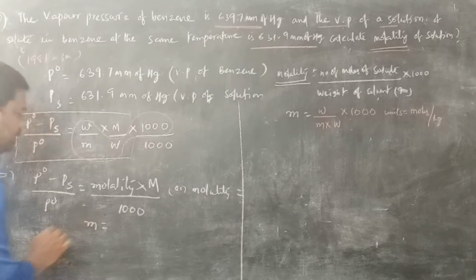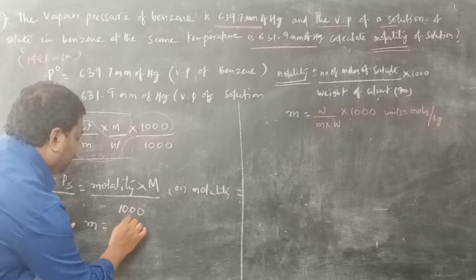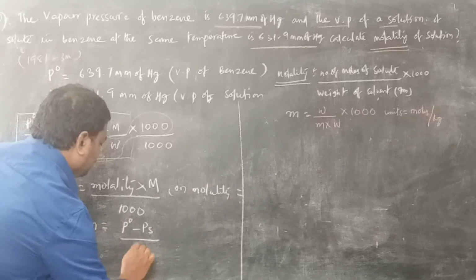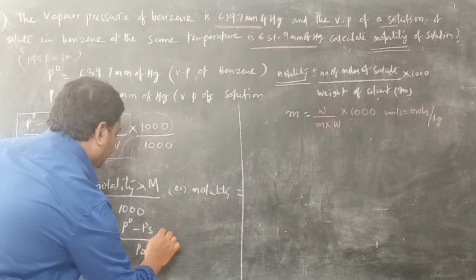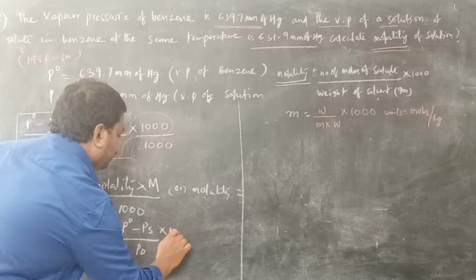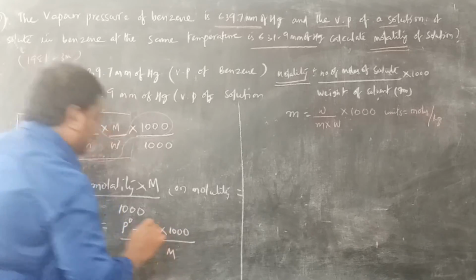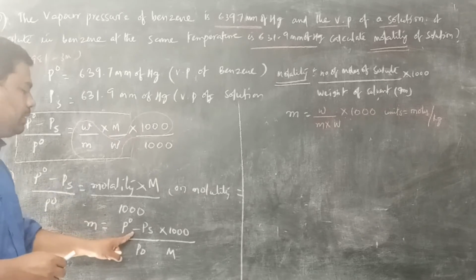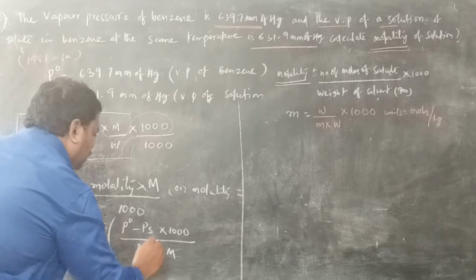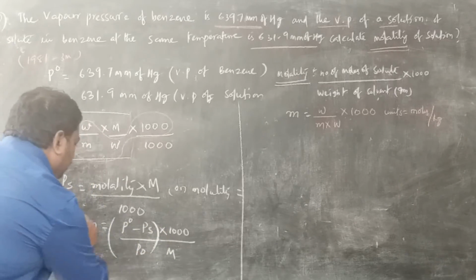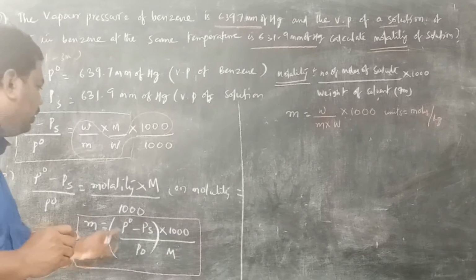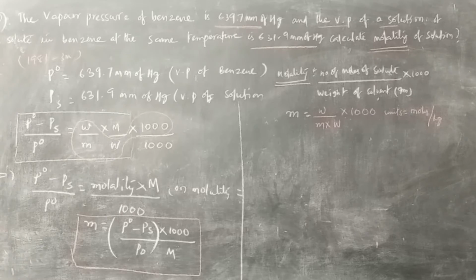So molality is equal to (P naught minus Ps) by P naught into 1000 by capital M. This is the formula for the calculation of molality.